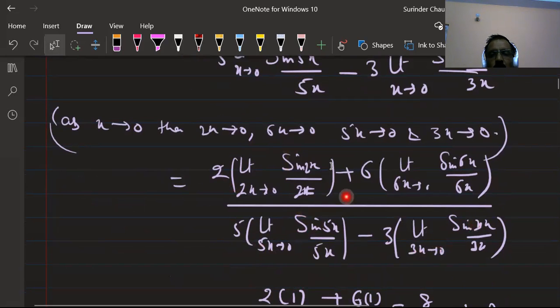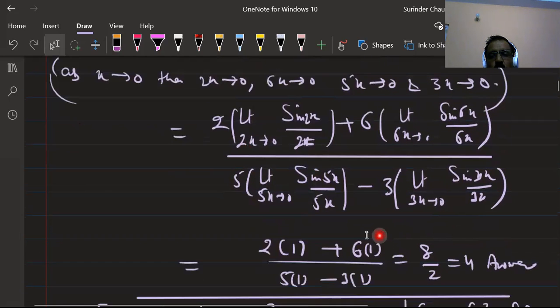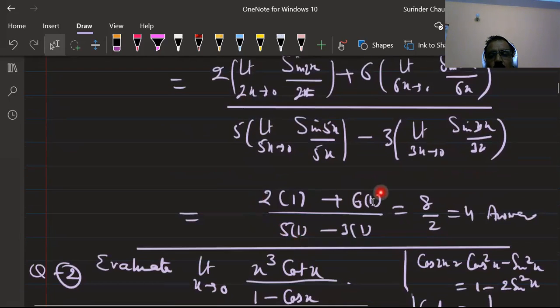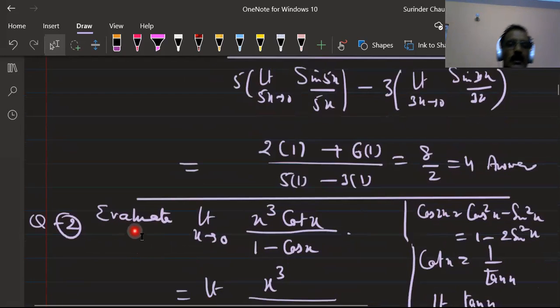If we put 2x equal to y, then as x goes to 0, y goes to 0, and the limit of sin y upon y is 1. Similarly, each of the limits of sin 2x upon 2x, sin 6x upon 6x, sin 5x upon 5x and sin 3x upon 3x is equal to 1. Substituting their values, we get (2 plus 6) upon (5 minus 3), so the limit is equal to 4. That is the answer. Now let us solve another problem.